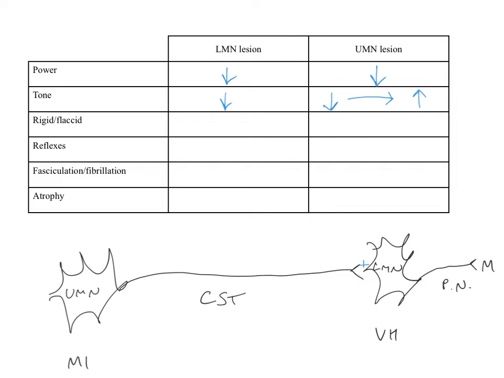However, it is interesting to note that these excitatory influences from the upper motor neurons are numerically in a minority. And in fact, the majority of influences coming down the corticospinal tract and synapsing onto the lower motor neurons are inhibitory. Okay, so most of the influences impinging upon the lower motor neuron from upper motor neurons are inhibitory. And this is a very important concept to understand.